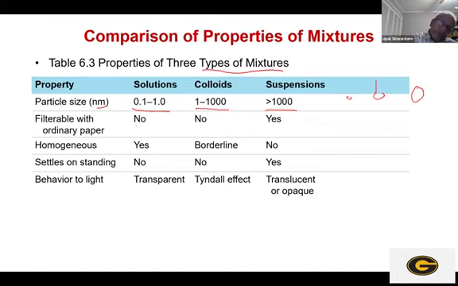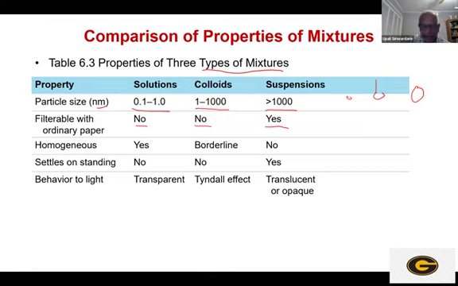The solute cannot be separated out by filtering the true solution or colloid. You cannot separate solute by using a filter paper. There are no filter papers that allow separation of solute from the solution.